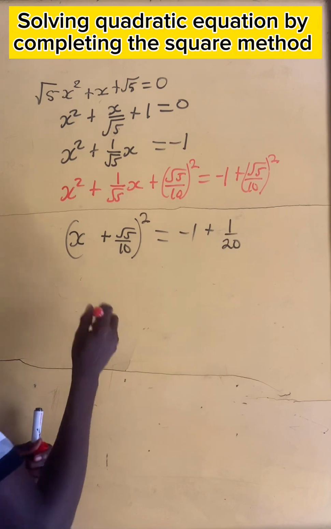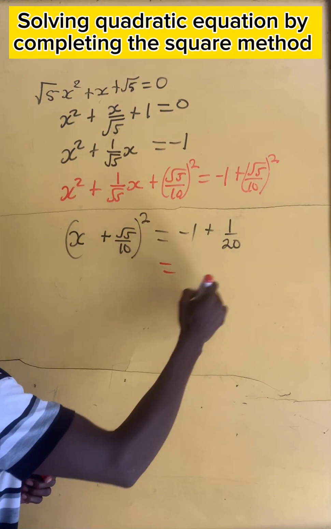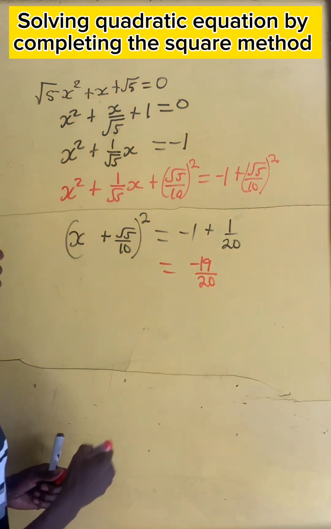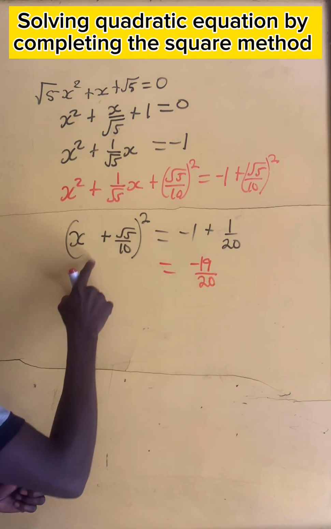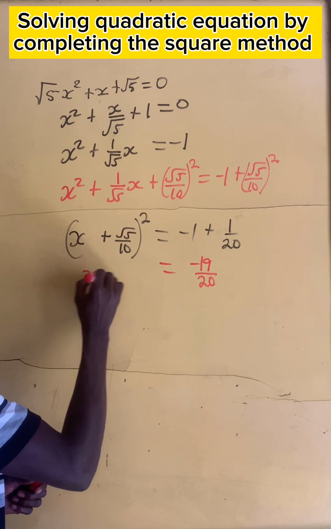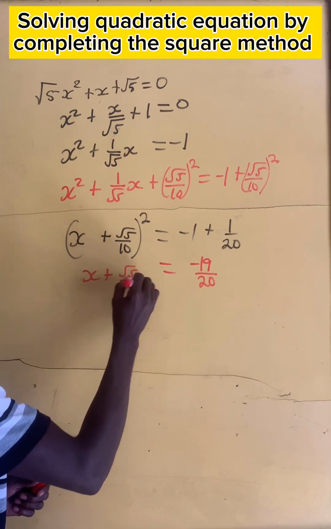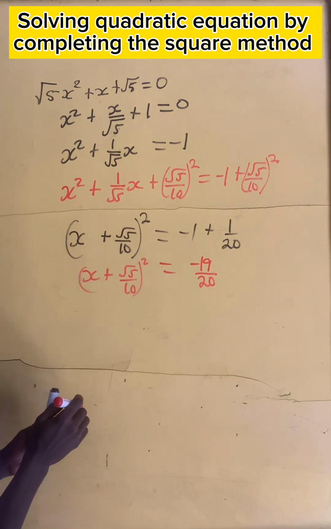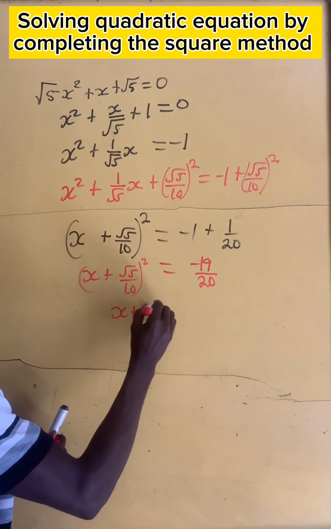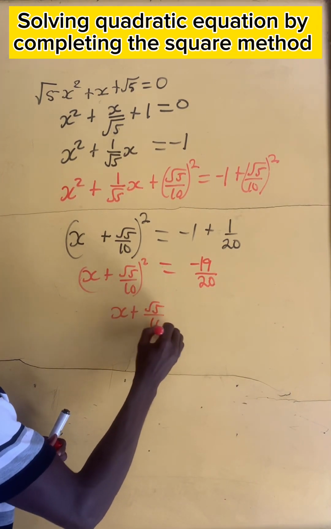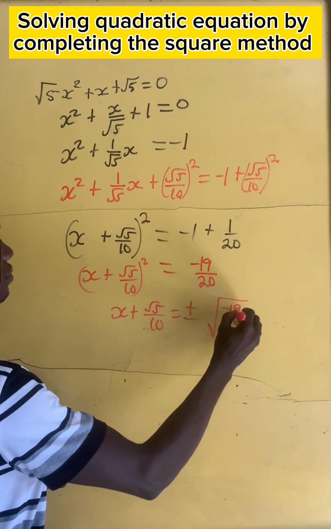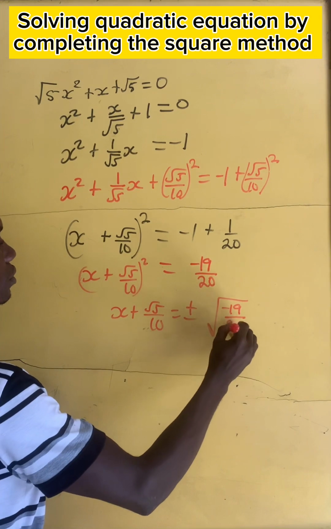Now, we have this to be equal to negative 19 on 20. And this is x plus root 5 on 10 all squared. If we take the square root of both sides, we have x plus root 5 on 10 equals plus or minus the square root of negative 19 on 20.